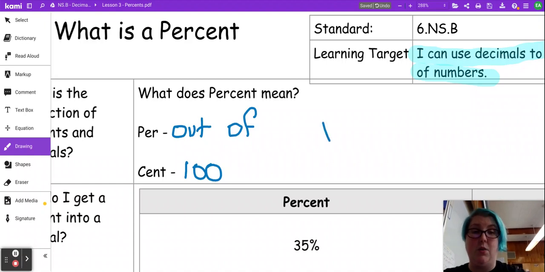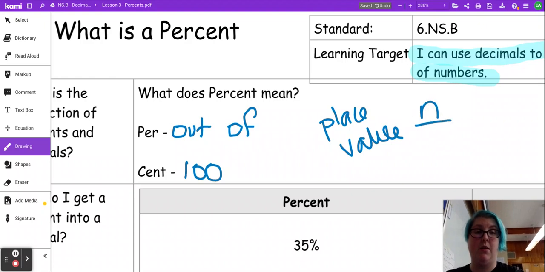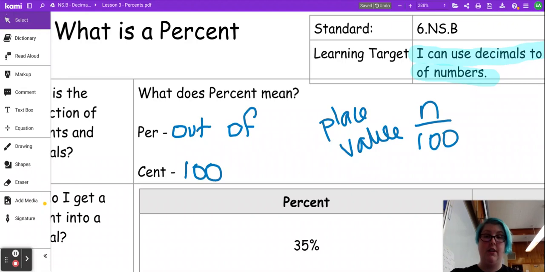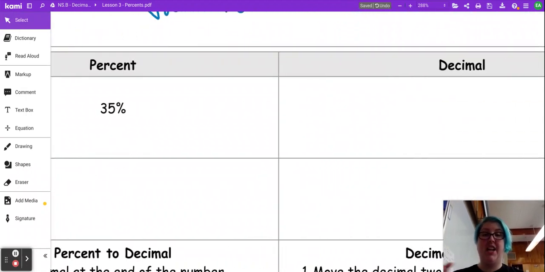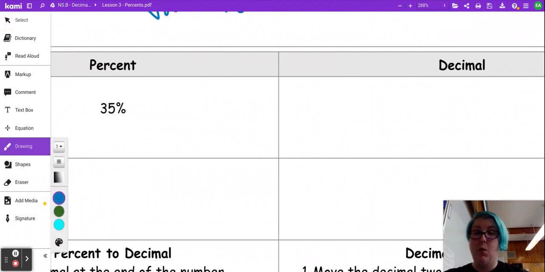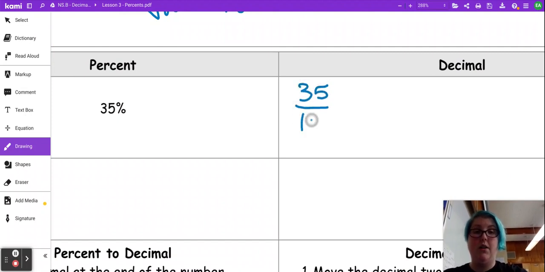So place value is going to be really important for this video. When we talk about percent, we're talking about some number out of 100. So let's look at our examples. First, we are going to take 35% and turn that into a decimal. We know that 35% is 35 out of 100.